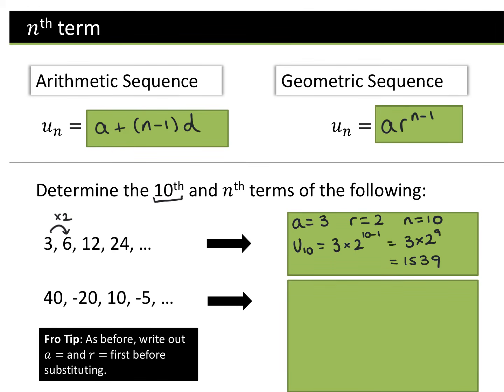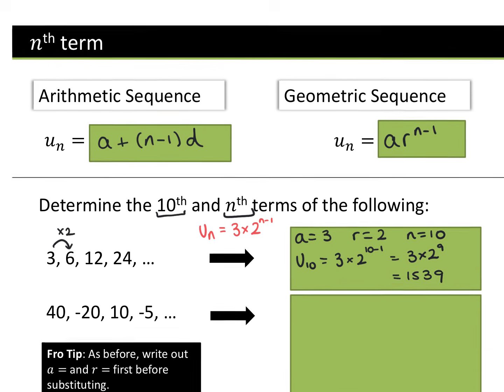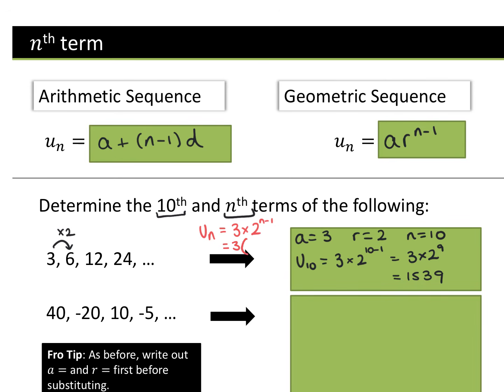Now, if I want to find the nth term, I would do the exact same, apart from this is just giving me a formula of un equals 3 times 2 to the power of n minus 1. Instead of writing 3 times, you can just do 3 bracket 2 lots of n to the power of minus 1. Okay?